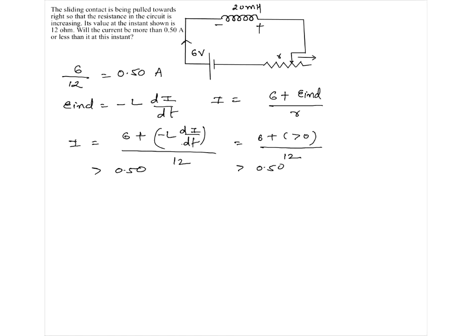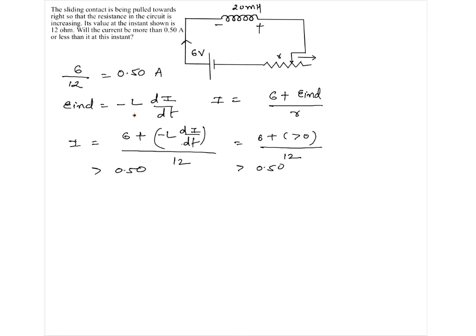So this would be the answer if this were a straight wire. But it is an inductor. So induced EMF is minus L di by dt. Current will obviously enter like this. So this is positive, then this is minus L di by dt. Whether it is really positive or not, that math will tell.